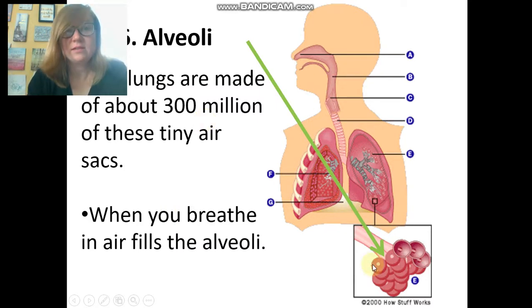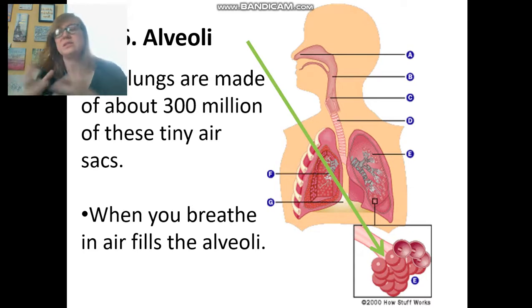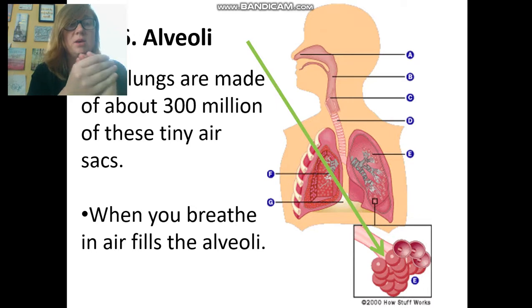That's like your driveway. There's tons and tons of these little sacs, and these alveoli are like a little sac or a little bubble, and it's got lots of capillaries in there, blood vessels that are all connected and bundled up. Why? Your blood carries oxygen and carbon dioxide.